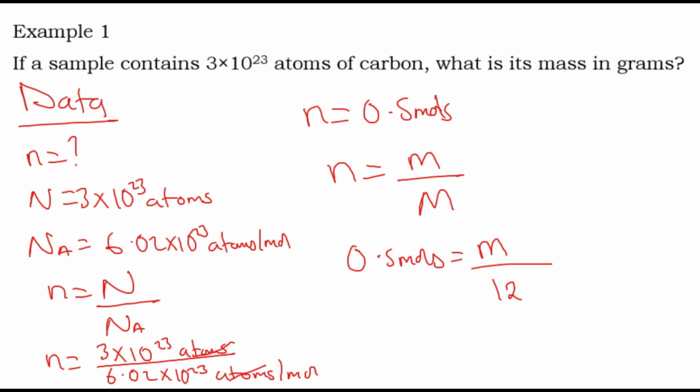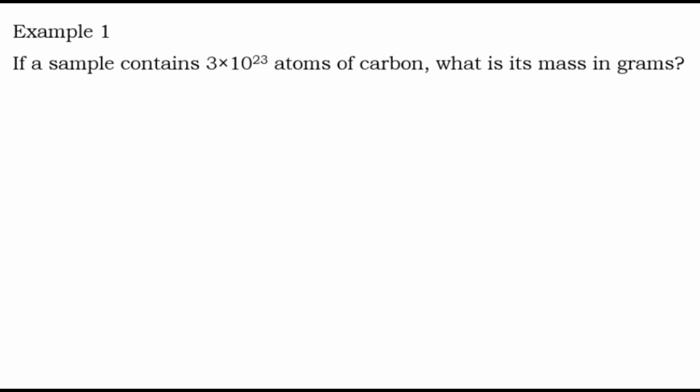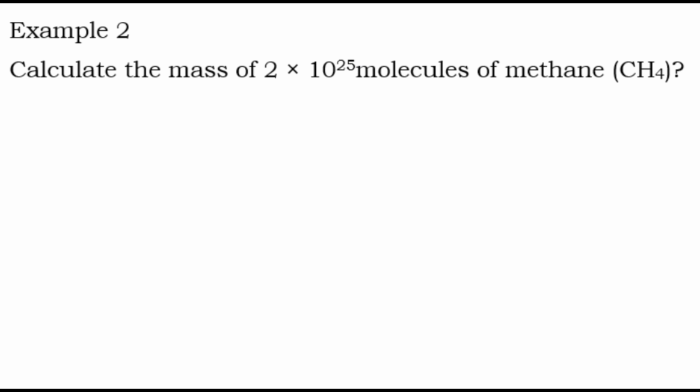So this will be 12 grams per mole. When you cross multiply, the moles get cancelled. Mass is equal to 6 grams. So that's how you can determine the mass of a sample containing 3 × 10^23 atoms of carbon. Okay, let's do the next example.